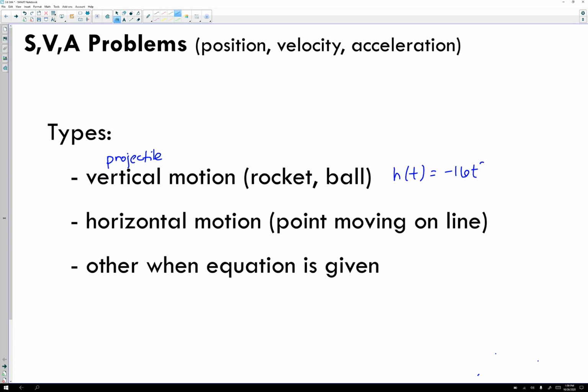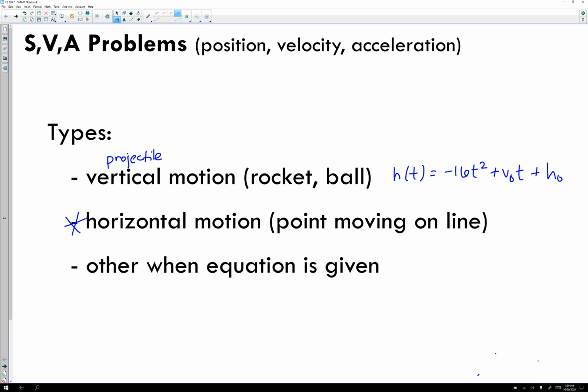The negative 16t squared, the negative 16, has to do with the acceleration due to gravity in feet per second, plus your initial velocity times time, plus your initial height. Maybe that looks familiar. You don't need to know that, but it's an Algebra 2 problem, and you can use all Algebra 2 skills to answer questions about projectile motion.